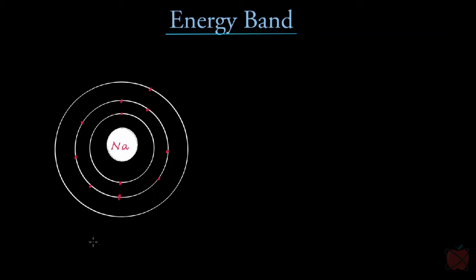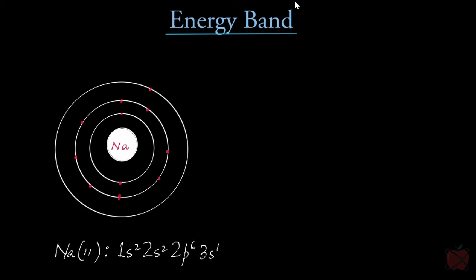And the electronic configuration of sodium having 11 electrons is 1s2, 2s2, 2p6, 3s1. So this is how the electrons are arranged in the different orbitals of the sodium atom.